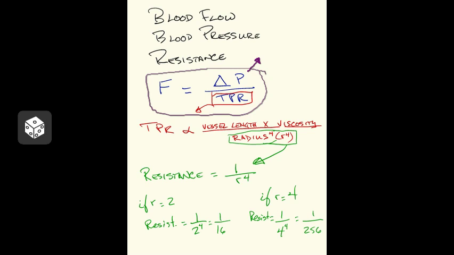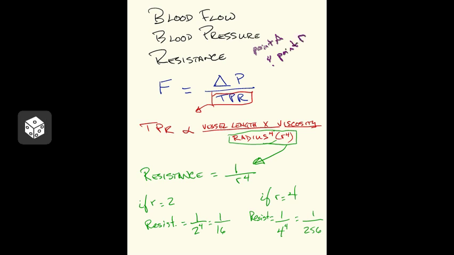Delta P is a change, that's what the symbol delta means in science, a change in pressure between point A and point B. In our next slide, we are going to see evidence that there is, in fact, a change in pressure between the aorta as it comes out of the left ventricle and the vena cava as it returns to the right atrium. The difference between those two is our pressure gradient.